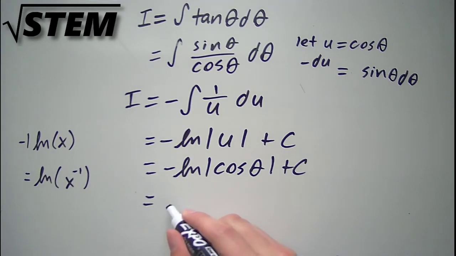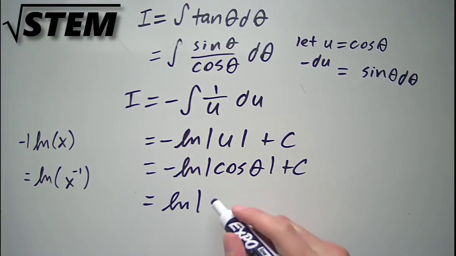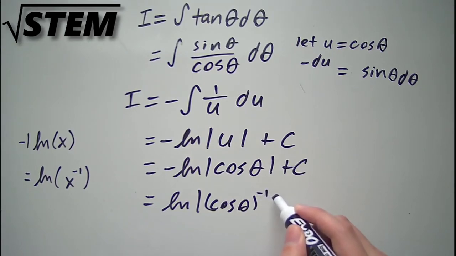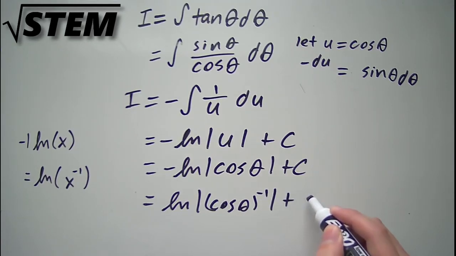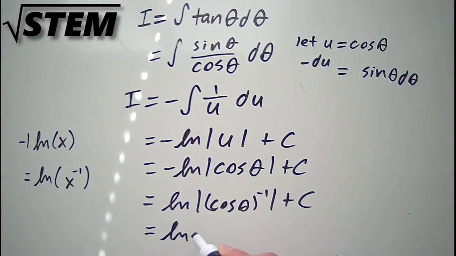We're going to bring this -1 inside to have cosine of theta to the -1st power. Remember, -1st power just means it's 1 divided by cosine of theta. And 1 over cosine of theta is actually defined to be secant of theta.